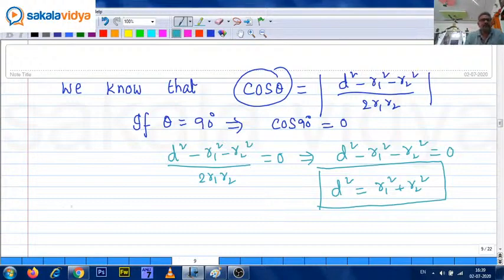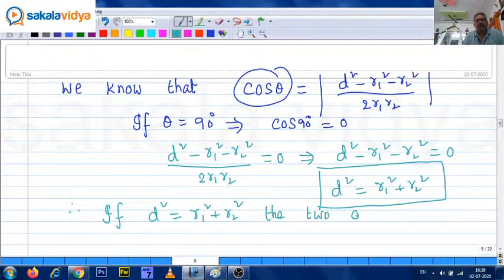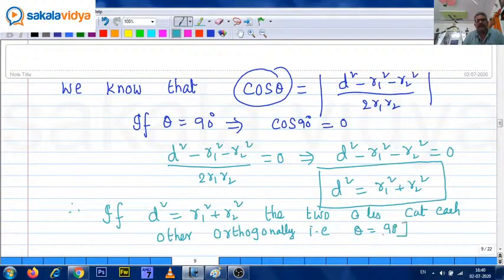So that means if D square is equal to R1 square plus R2 square, then two circles cut each other orthogonally. That is, theta is equal to 90 degrees. This is a very, very important point.